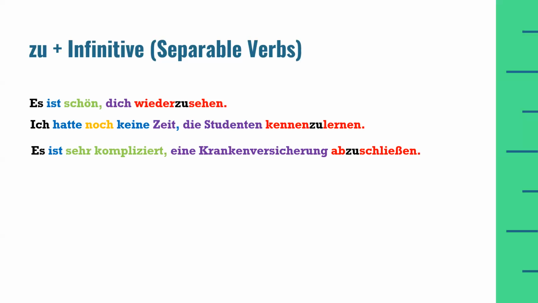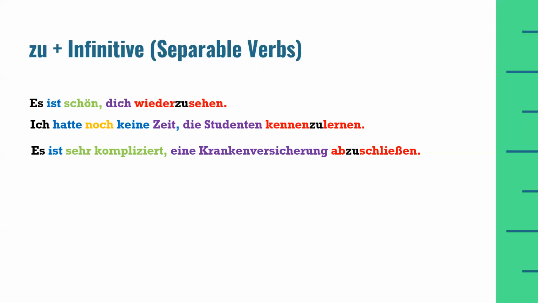Es ist sehr kompliziert. It's very complicated. Very simple sentence. Eine Krankenversicherung abzuschließen. To conclude a health insurance. Krankenversicherung means health insurance, and it's a feminine noun. Therefore, we are using this e at the end of the indefinite article ein.